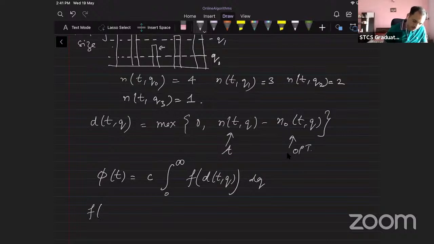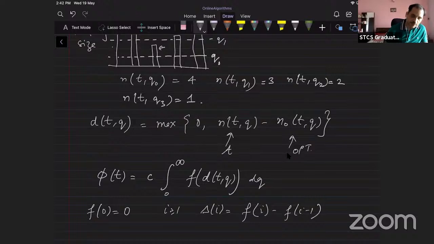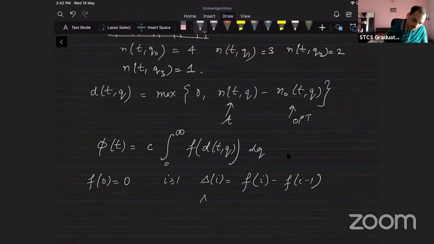So f is a function where f0 is 0, and for i greater than 1, delta i is f of i minus f of i minus 1, and delta i is nothing but p prime of p inverse of i.